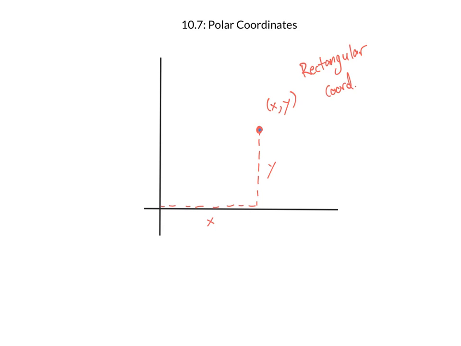Polar coordinates take the same point, but instead of thinking about things as x and y, polar coordinates express that same point as the distance that point is from the origin, called r, and then the angle that that point is from the positive x-axis, called theta. So points expressed this way are called polar coordinates.